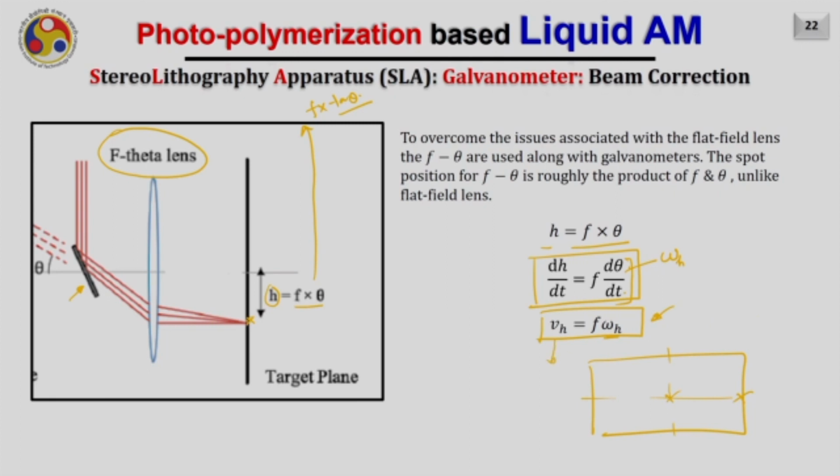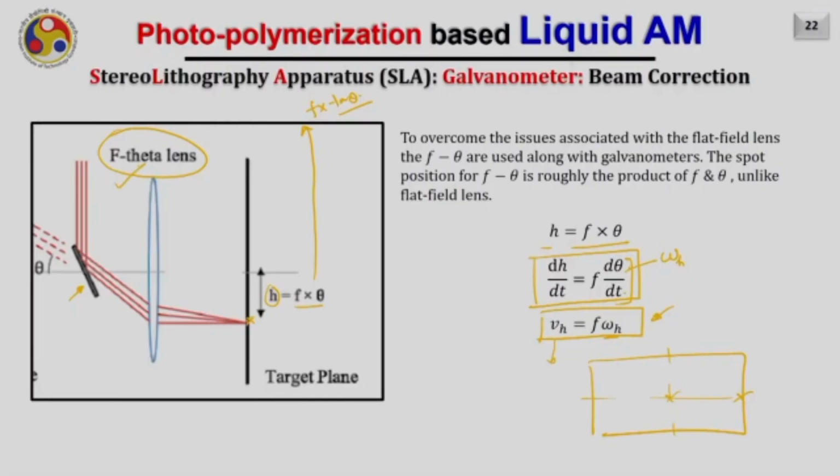Keeping the constant velocity at the bottom will give us a lot of benefits, because if the velocity is constant, the energy exposed to the top layer will also remain constant, and hence you need not worry much about changing the angular velocity of the galvanometers based on the position of the laser beam spot on the flat surface. So the f theta lens is a solution for achieving the focal point at the flat field.